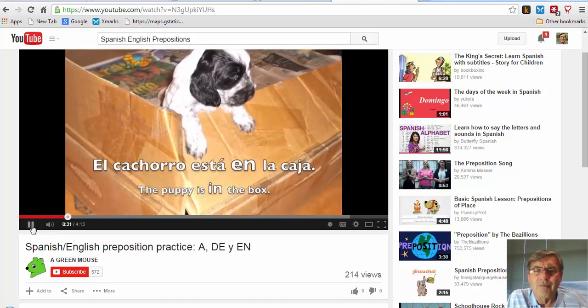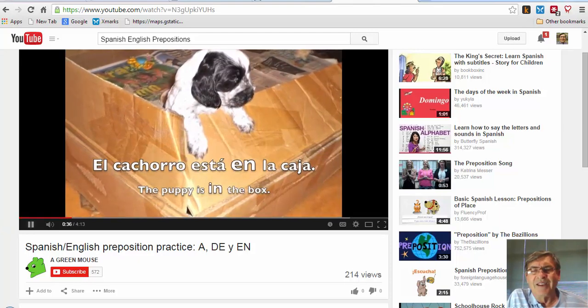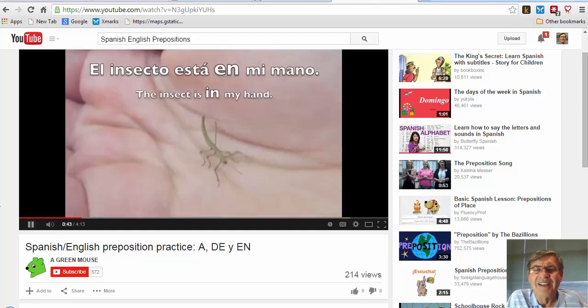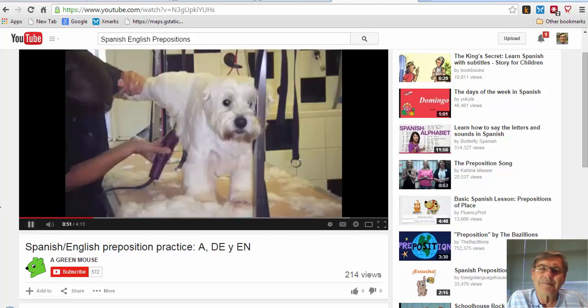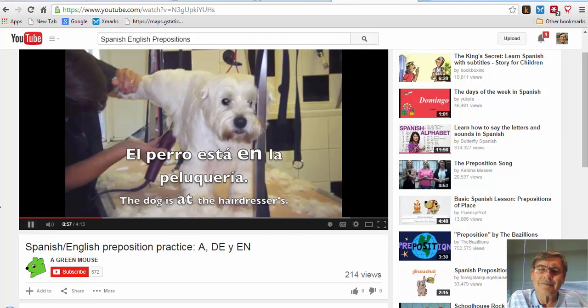El cachorro está en la caja. The puppy is in the box. El insecto está en mi mano. The insect is in my hand. El perro está en la peluquería. The dog is at the hairdresser's.